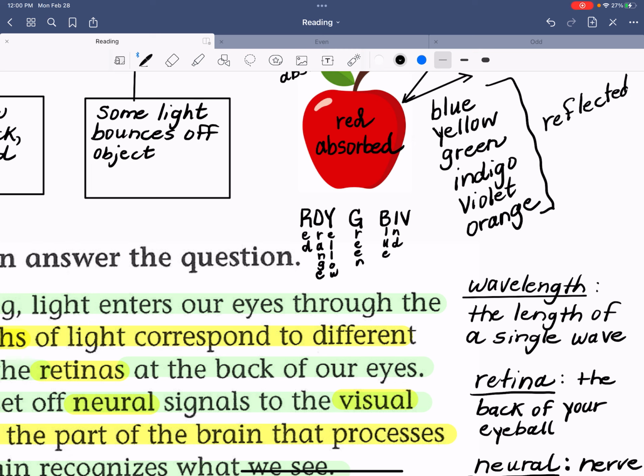Indigo is sort of a cross between purple and blue. And then violet is what I would call purple. So those are the colors of the rainbow. Red has the longest wavelength. Violet has the shortest wavelength.